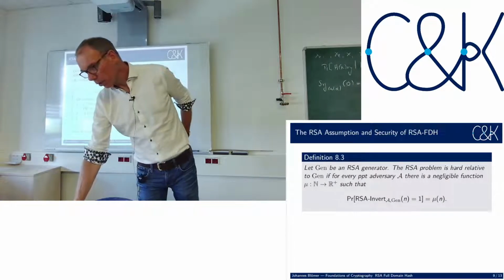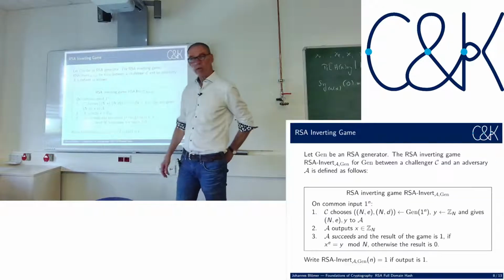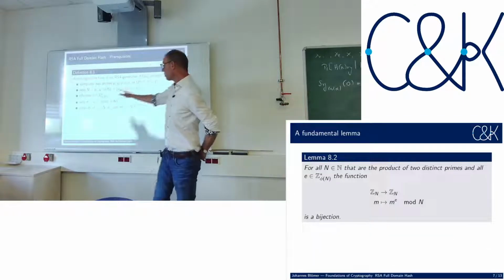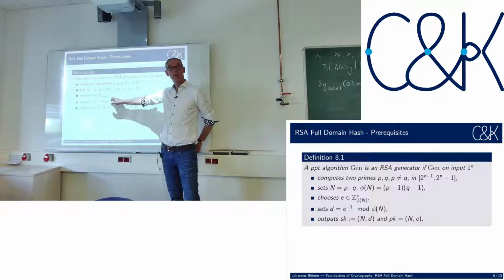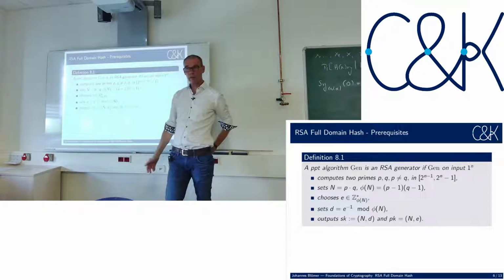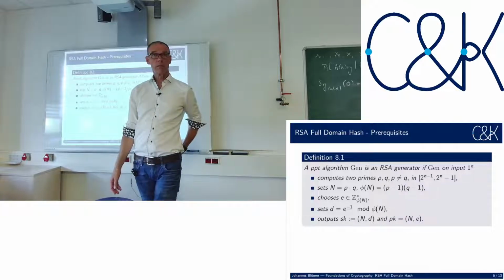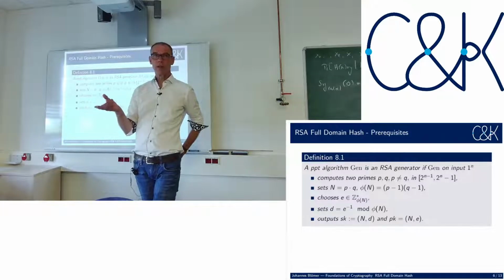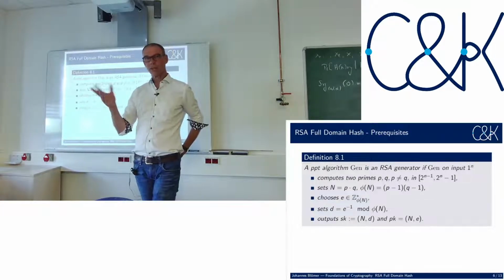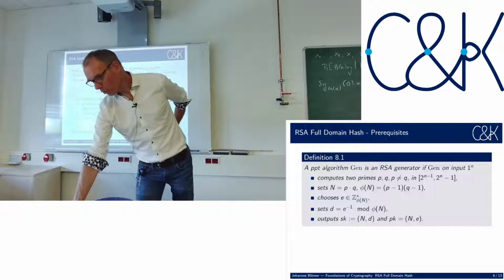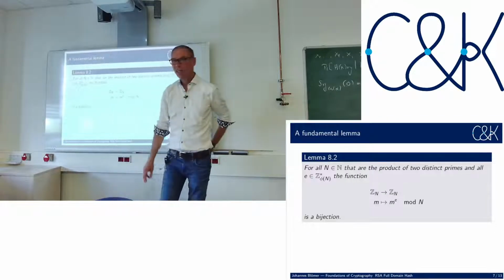But it is even conjectured that a generator that picks primes carefully, but always chooses E to be 3, is a good generator for which the RSA problem is hard. If it always outputs 2, under certain conditions we can even prove it if factoring is hard. But unfortunately, if you pick E to be 2, then this is no longer true.